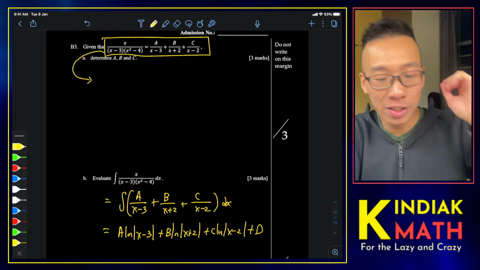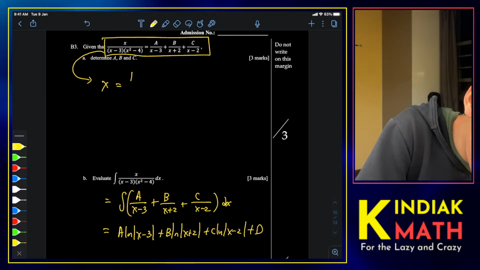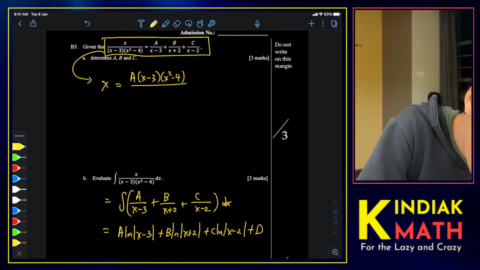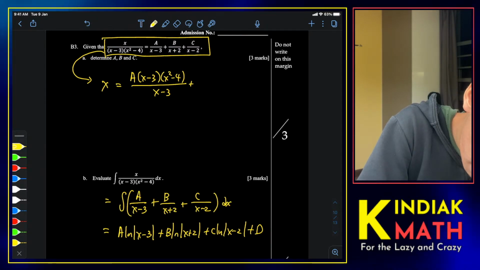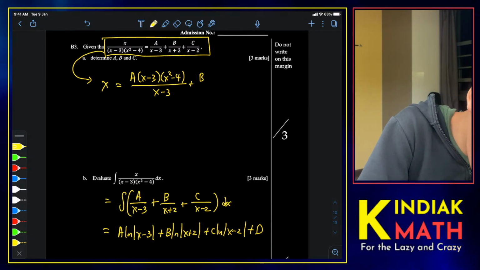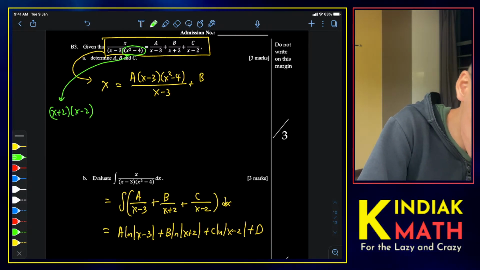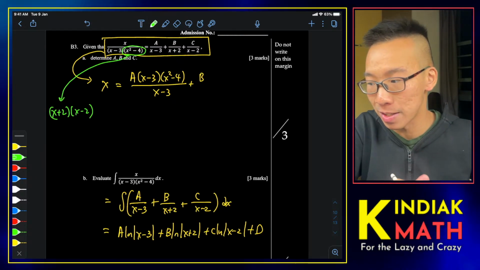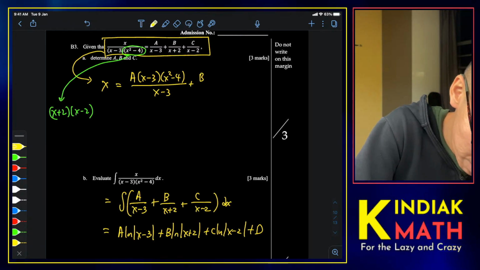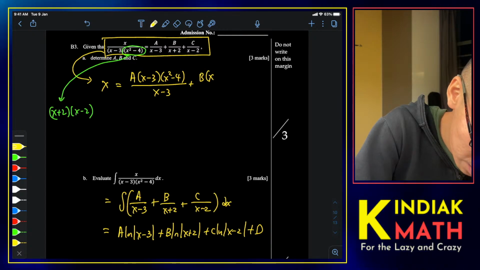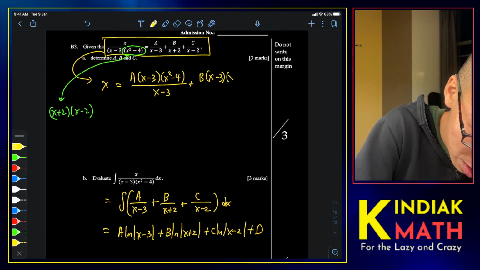We can clear the denominators, so we can multiply that throughout the whole expression. I'm going to rewrite this x squared minus 4 as x plus 2 times x minus 2, because we want to see some stuff cancel out.